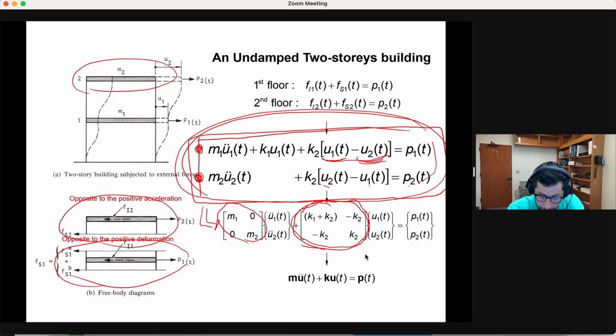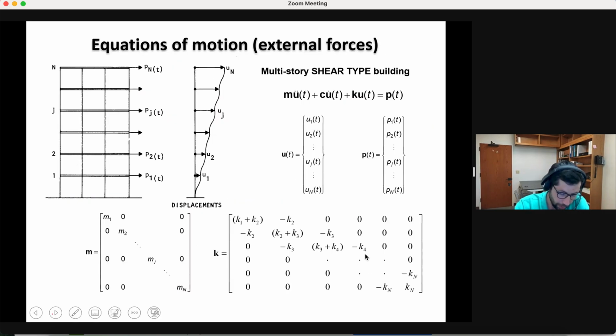For equation 2, in this case, I will have both variables. If I need to solve this problem right now, I need to solve n equations of equilibrium simultaneously, meaning it's a system of equations. These equations are coupled. Well, clearly this is not ideal because I need to solve a coupled system of n differential equations.